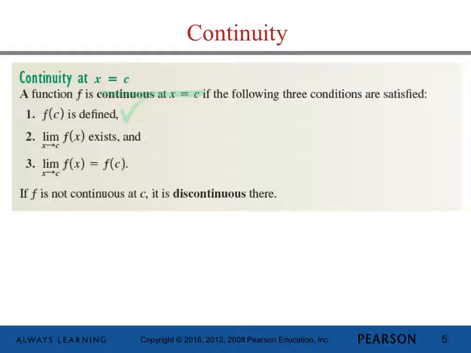And that the limit as x approaches c exists, and then lastly that the limit as x approaches c for the function is actually equal to f of c. And if all three of those steps are not met, then the function is discontinuous at c. So let's look at some examples.